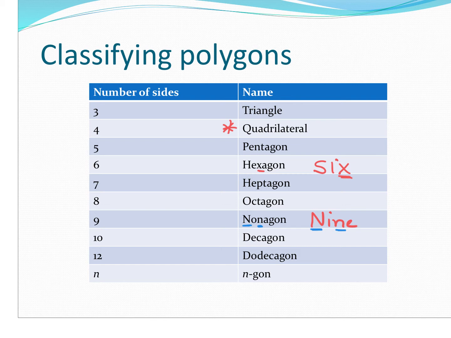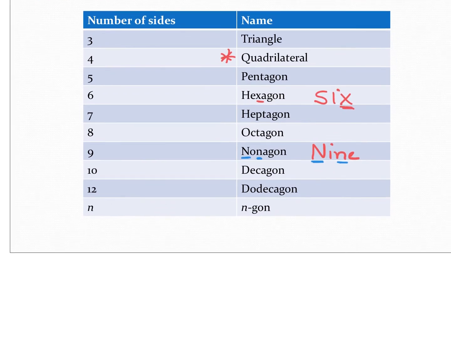Now, any other shapes, and we will see some of these, that are not any of the names listed here, the way that you would describe them, for example, the 11-sided figure, is you would just take the number of sides it has, put a dash, and then put the letters G-O-N.